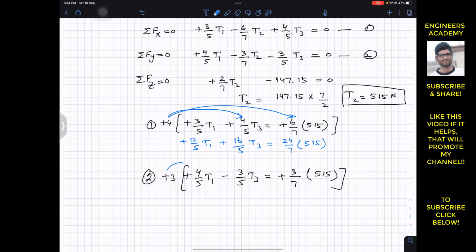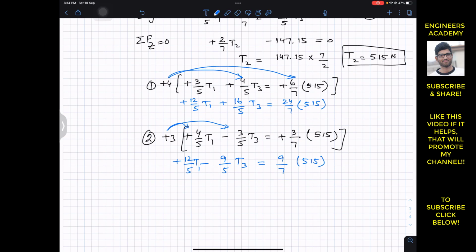Similarly we now need to multiply this plus 3, so this will be plus 12 divided by 5 T1, minus 9 divided by 5 T3, and this is 9 divided by 7, 515. Now let's subtract this modified equation 1 from modified equation 2.